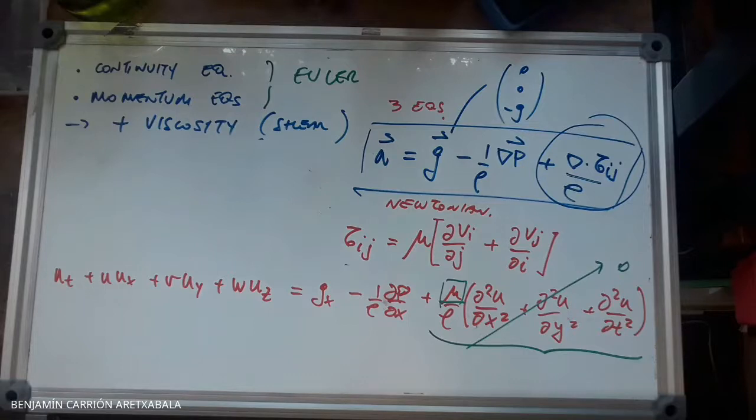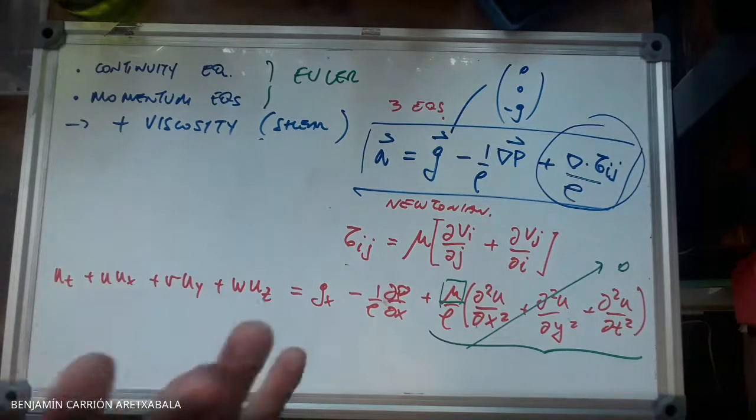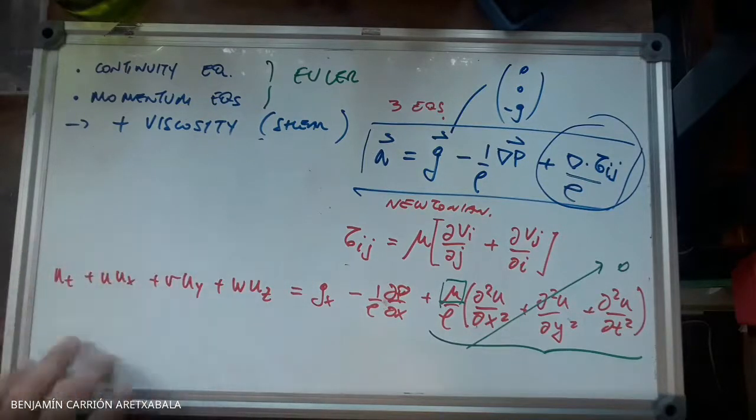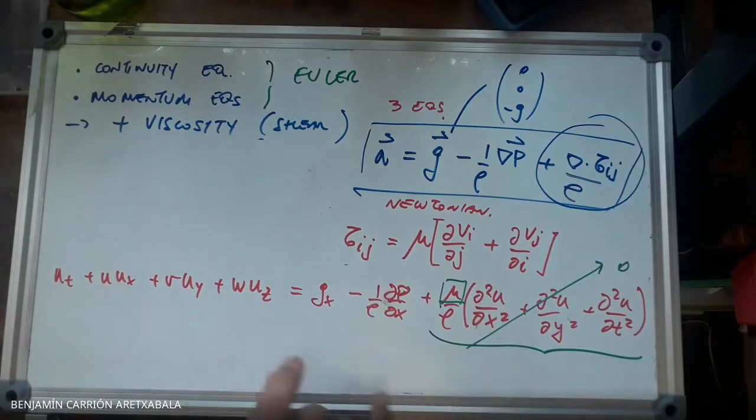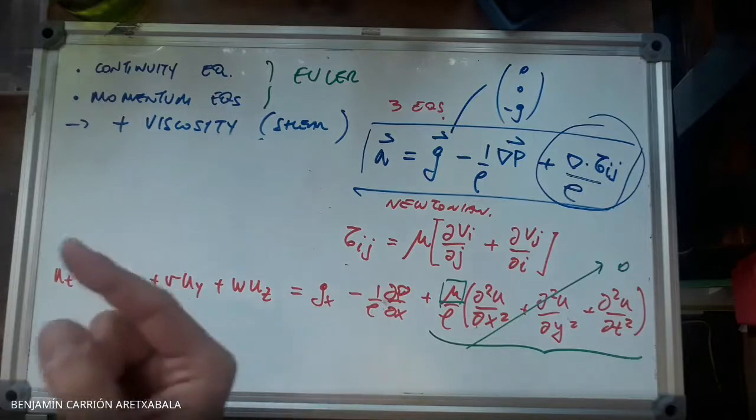And the cool thing is that you can fully represent your flow based only on the pressure distribution and the distribution of u, v, and w, the three components of the velocity. Do realize that this equation holds true at every point where there is fluid, at every time.